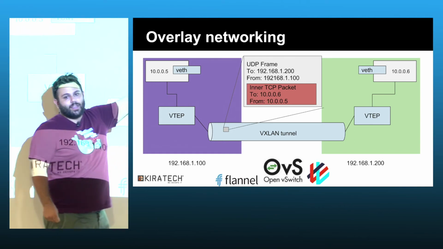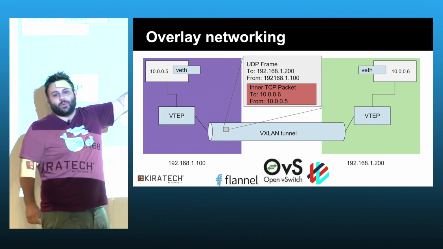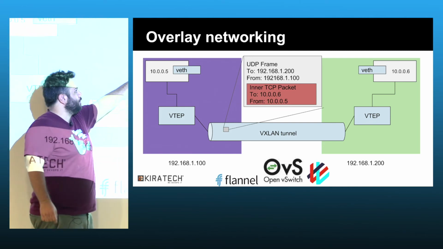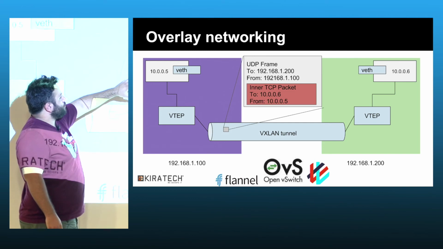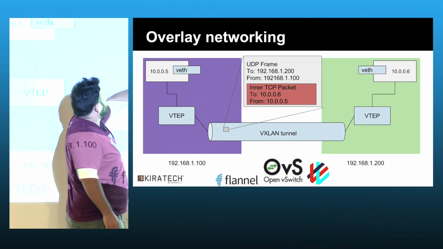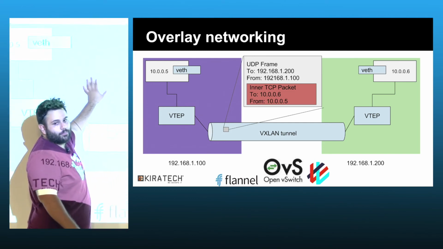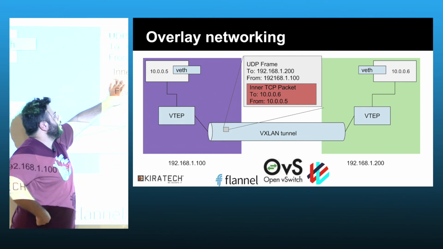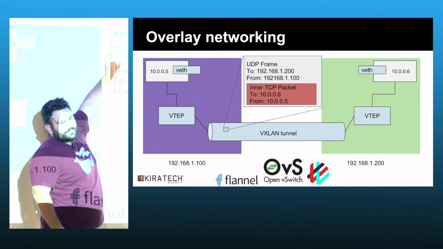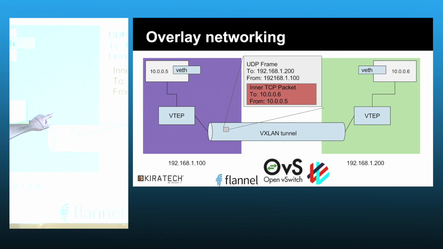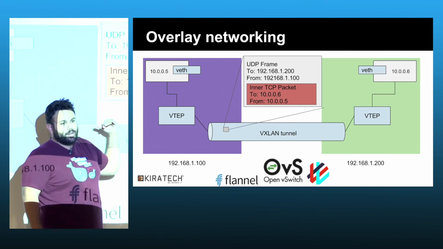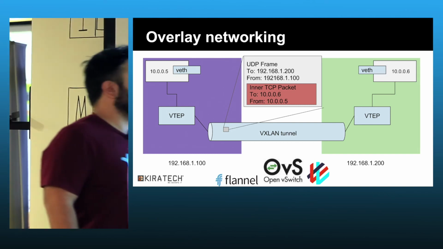For this reason, when you look at this kind of interface, you will see a lower MTU. And the inner packet says it's for 6 and I am 5. This is the actual packet. And the other packet instead is a UDP frame that explains the real communication between the two hosts.